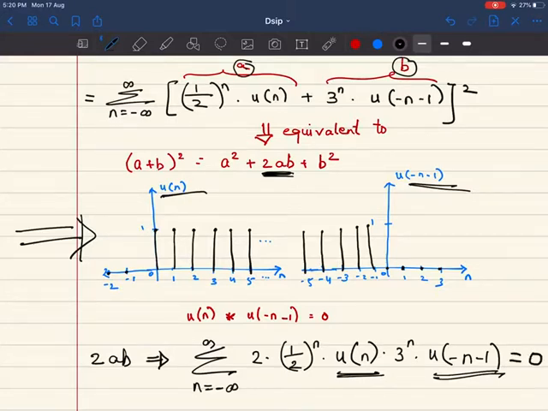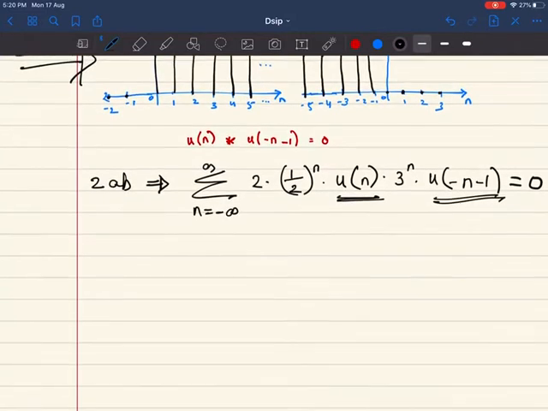Now, let us process a square and b square. Okay. So, I am going to write this equation in terms of a square and b square in my next step.